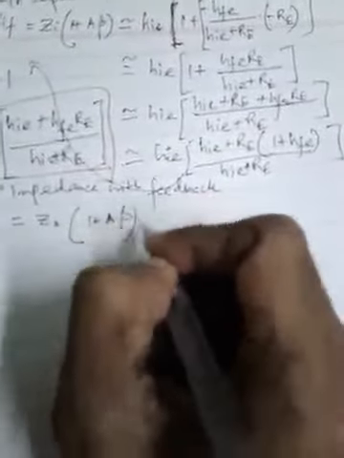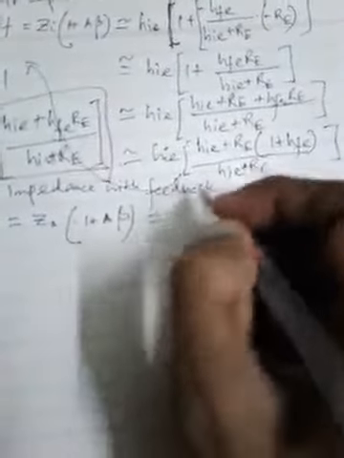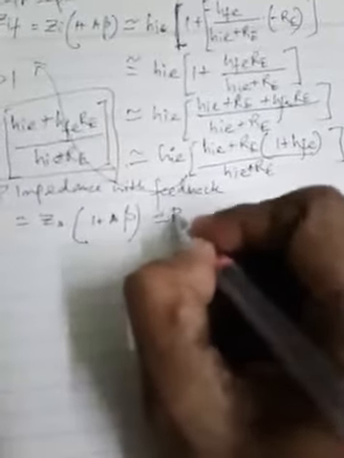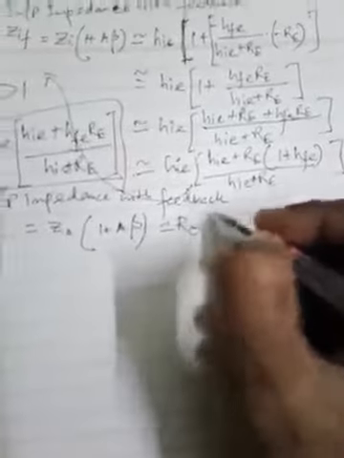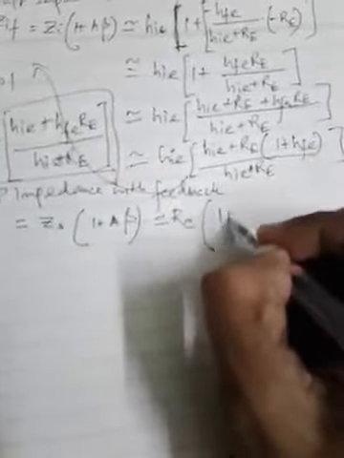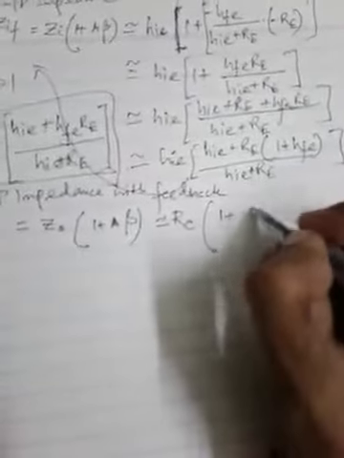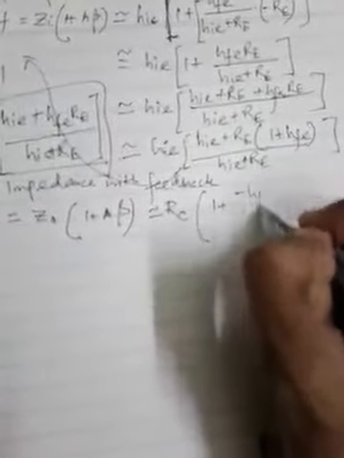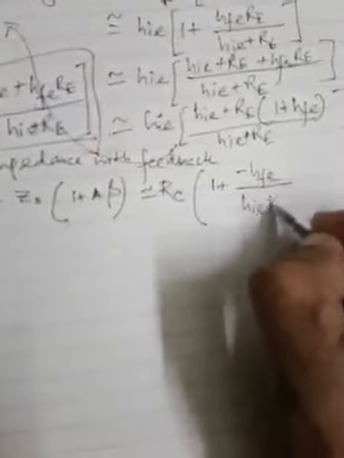It should also be increased because of current series feedback, and ZO is nothing but the output impedance RC only, as in the equivalent circuit. 1 plus what is A beta? A is minus HFE by HIE plus RE, whole into beta, which is minus RE.